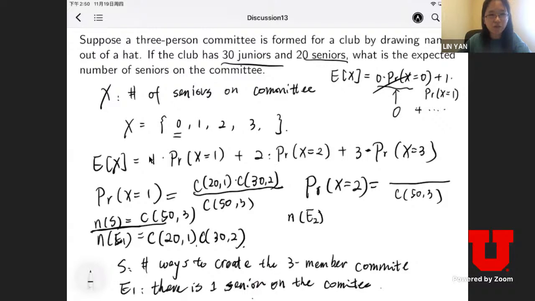We don't need to plug it into a calculator, so you can just write down what is PR X equal to 1 and what is the probability of X equal to 2. You don't need the final answer of it in the quiz.